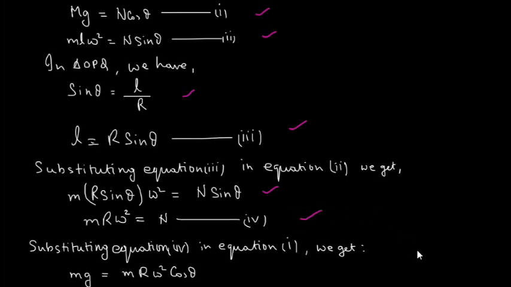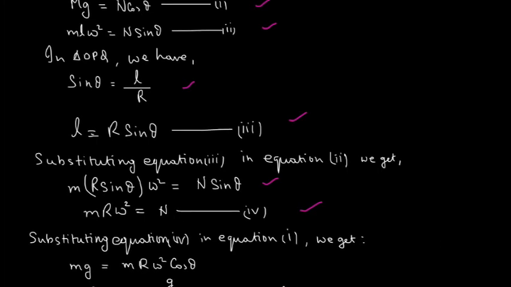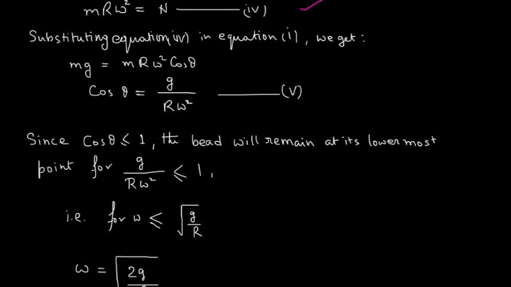Substituting equation 4 in equation 1, we get mg = m R ω² cos θ. Cos θ = g/(R ω²). This is equation number 5.